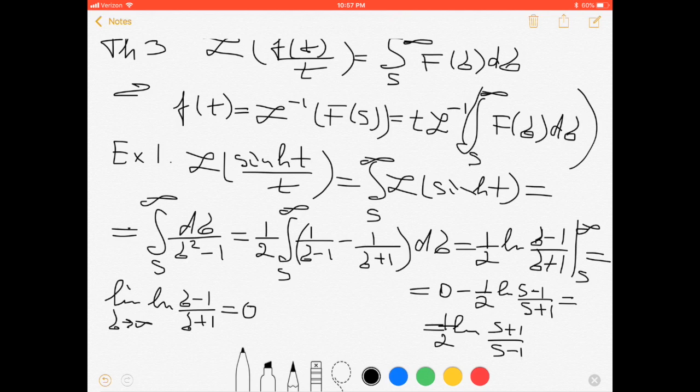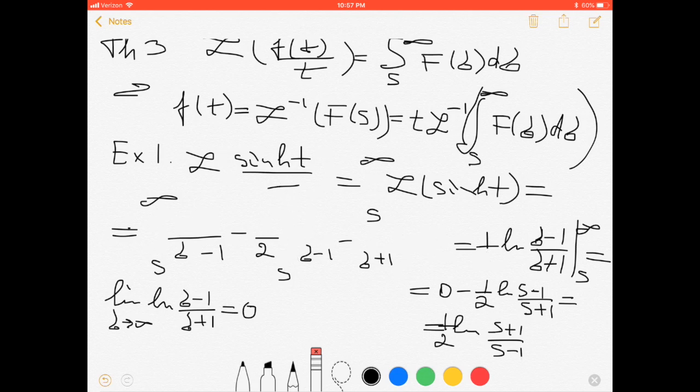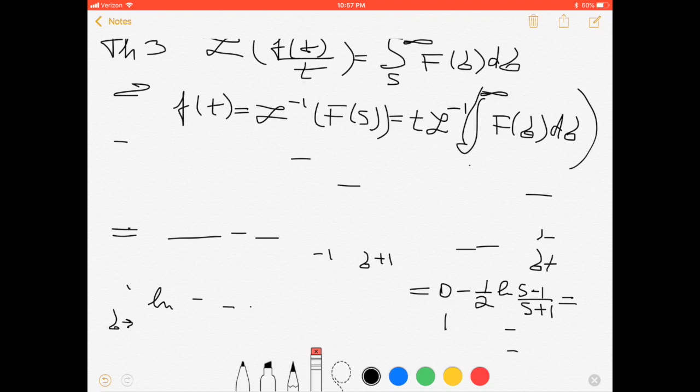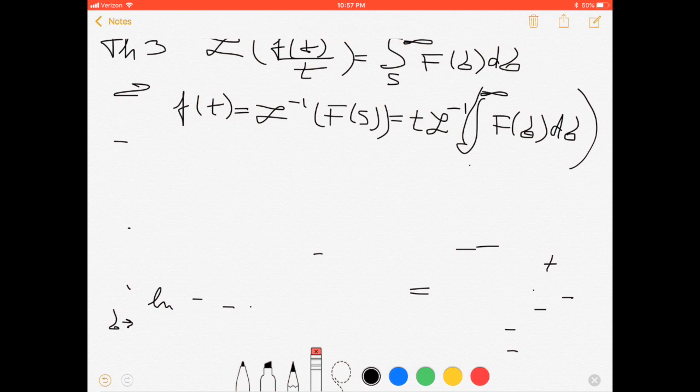You see, this means the Laplace transformation of hyperbolic sine t over t is 1/2 natural log of s plus 1 over s minus 1. Great. Now we clear and see how we can build some inverse Laplace transformation for some function and use this theorem.